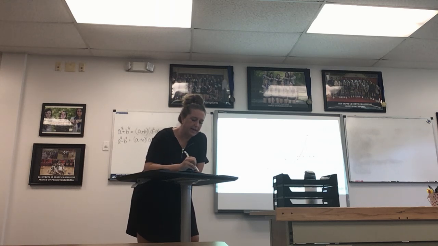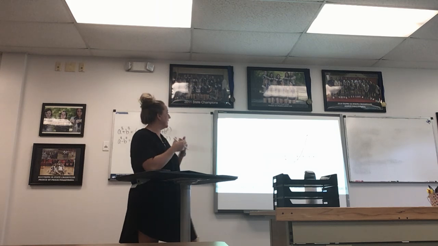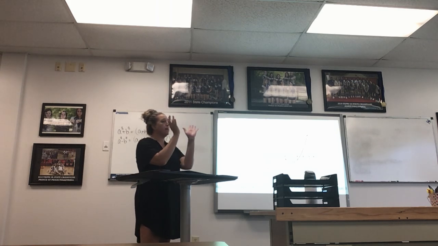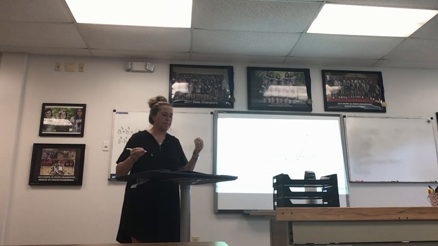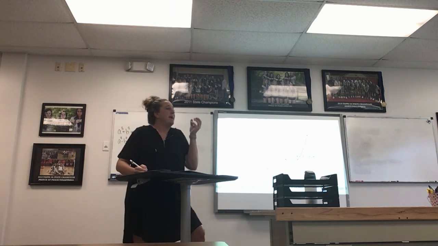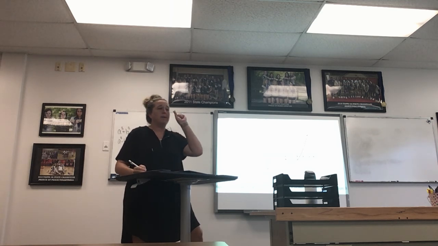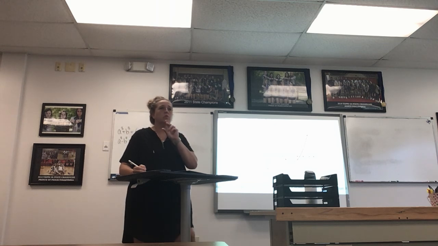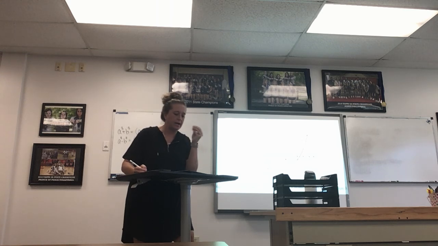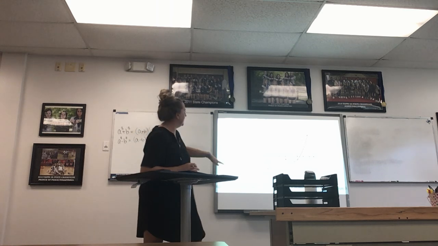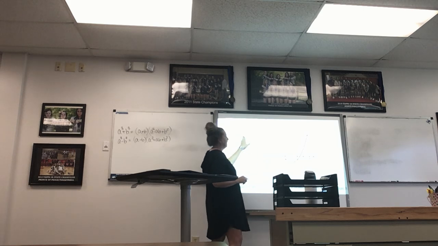Okay, next, back to the graph. Where is it concave up? Meaning, where is it like an opening up parabola? If I were to draw a bunch of tiny little slopes, where are those slopes increasing? Because concave up means my slopes are increasing, right? Are my slopes positive or negative right here?